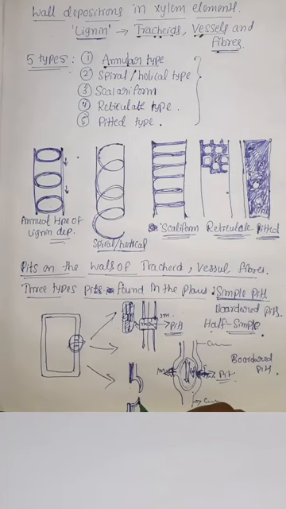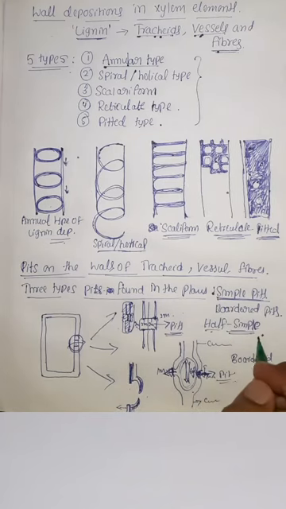Usually we can observe this between vessels and parenchyma tissues. Parenchyma usually consists of simple pits, whereas vessels consist of bordered pits. This is about half bordered pits.